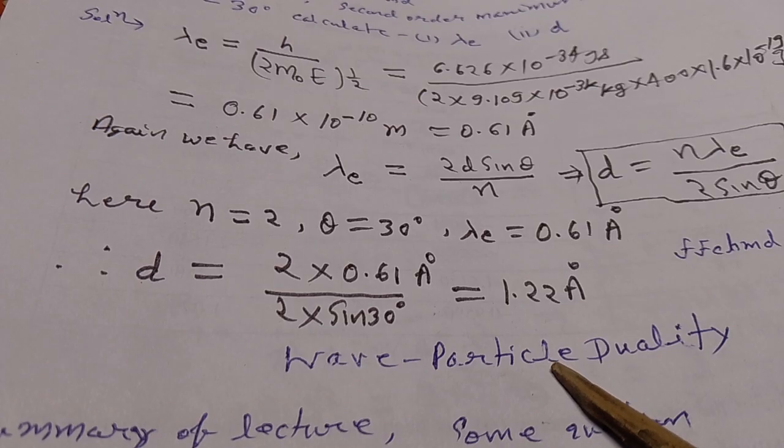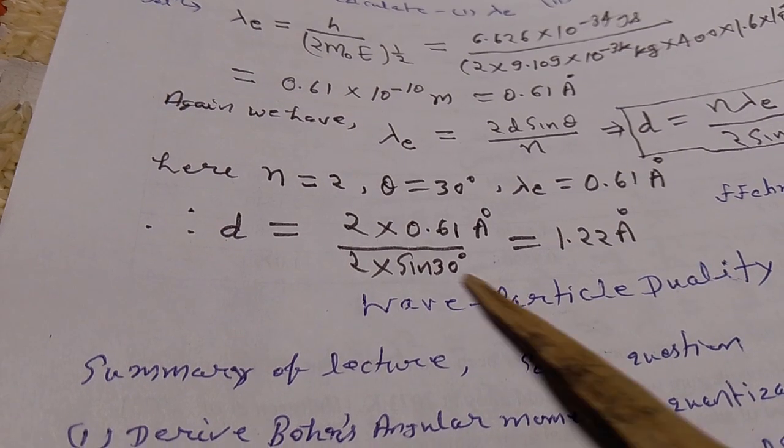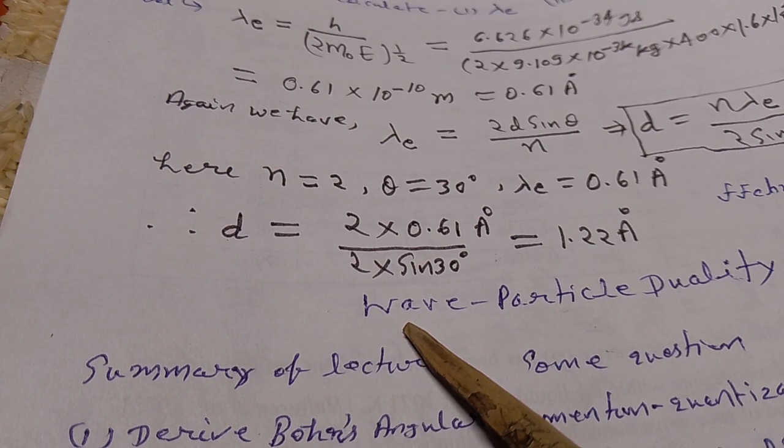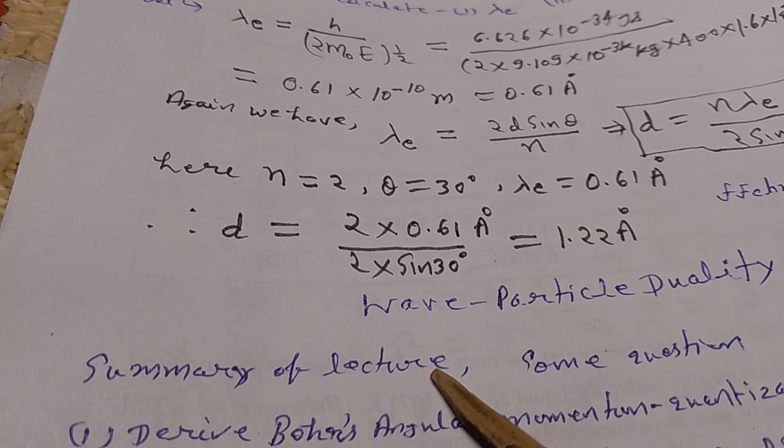Now let's summarize the lecture. So, summary of the lecture, we get the points like this. First, to explain black body radiation, Planck proposed the idea of quantum of energy for a harmonic oscillator.